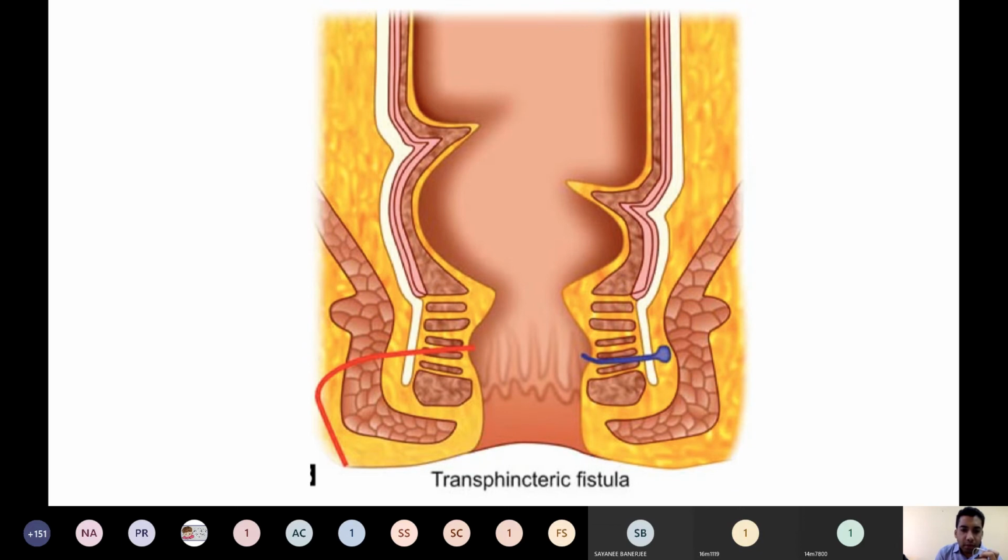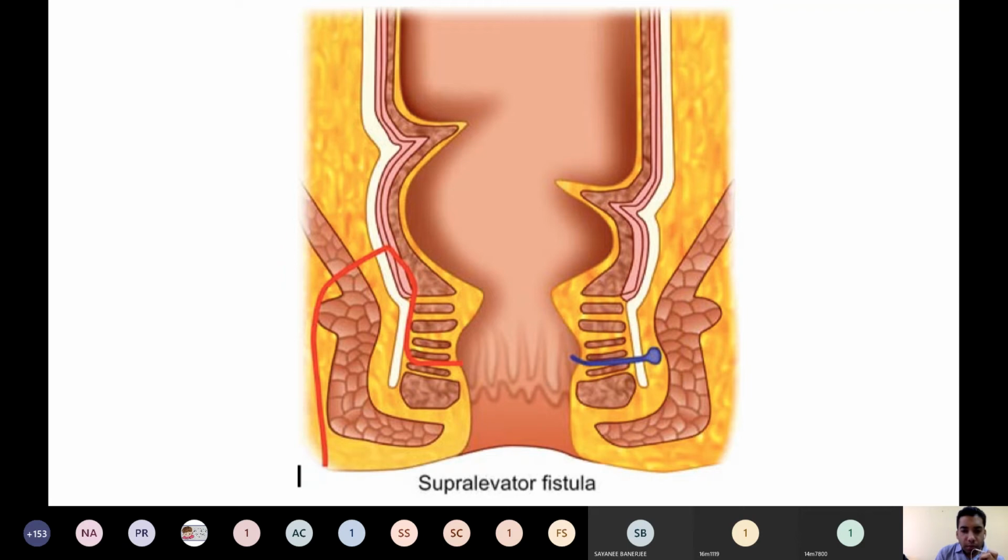Then we have transsphincteric fistula, where both internal sphincter and external sphincter are traversed, and the fistula makes its way to the external skin. Now we have something called a supralevator fistula, wherein after passing through the internal sphincter, it ascends upwards and traverses through the puborectalis or levator ani, sparing the entire external sphincter. External sphincter is not at all involved in this particular type.